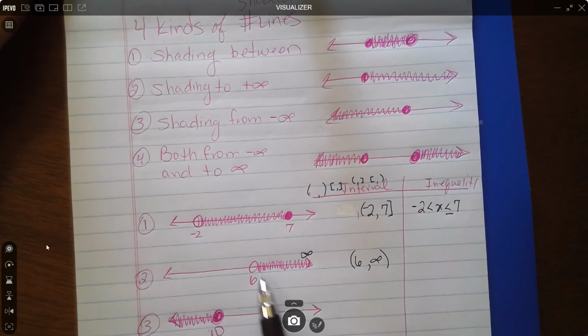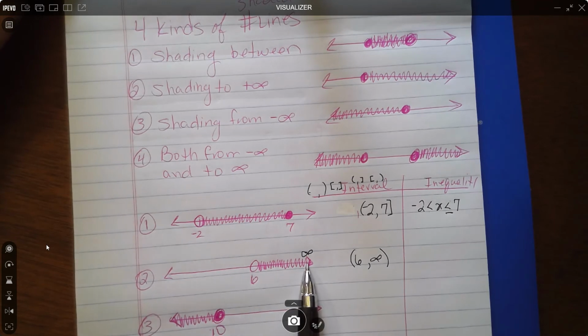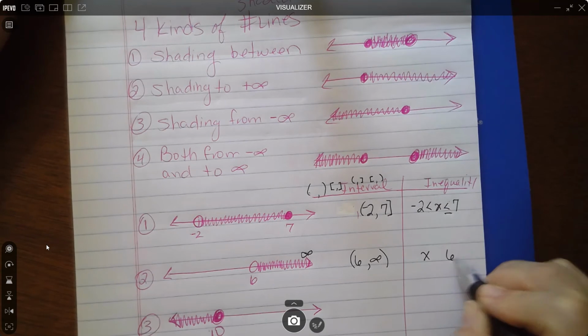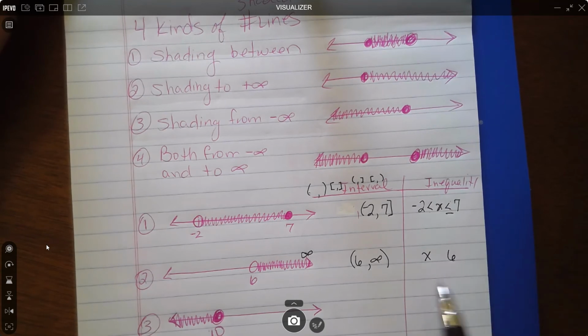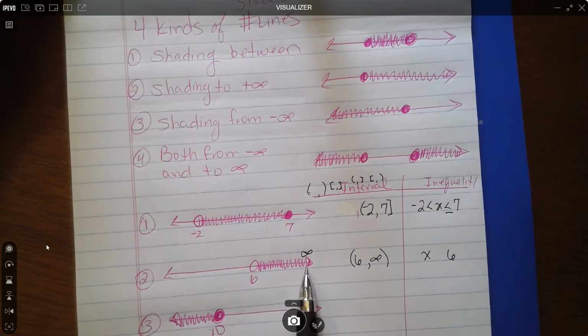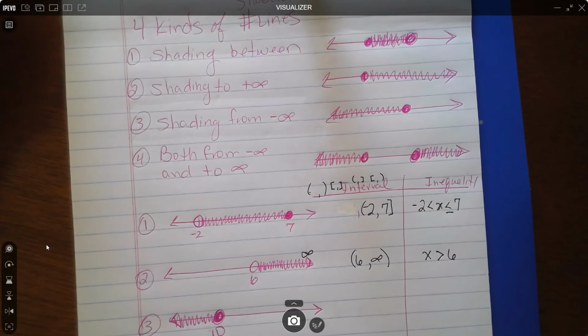When you're doing shading for something that goes toward infinity, all you're going to do every time is put an X and then the number. It'll always be in that order. And all you have to do now is use the less than or greater than symbol to show which way we're shading. We shaded on the right, so you're going to use greater than.